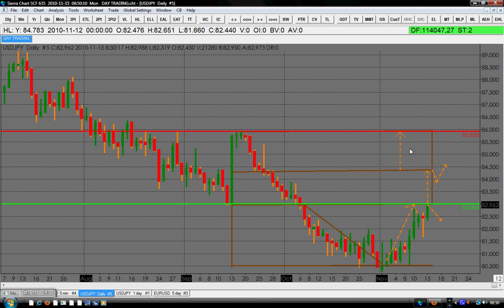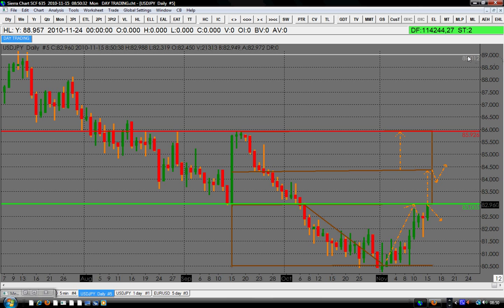All the zone here is bearish pressure, but so far the bulls are succeeding to progress the price up. If it crosses this red horizontal line successfully, there's nothing that can stop this USD yen from continuing the movement and retesting this level of 8900.